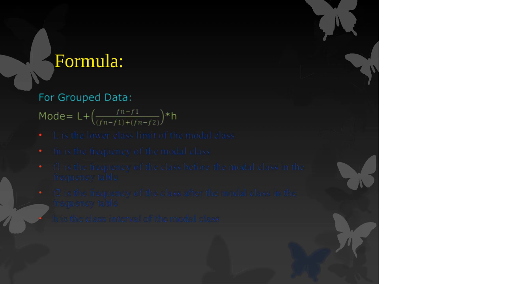Then F2 is the frequency of the successive class, the class below the modal class.